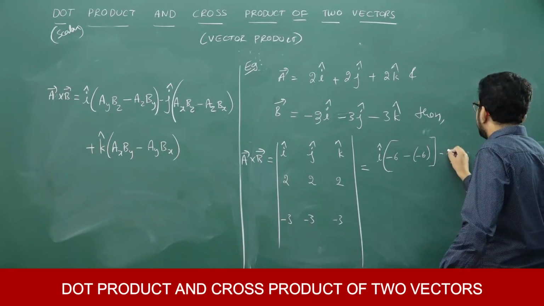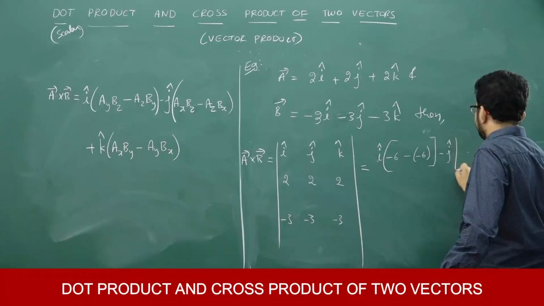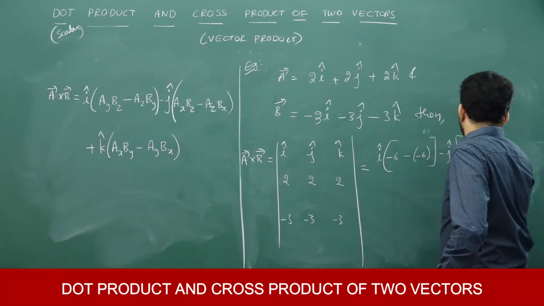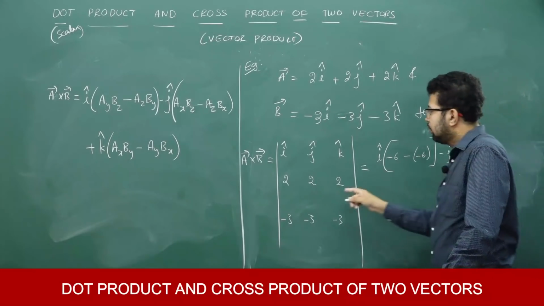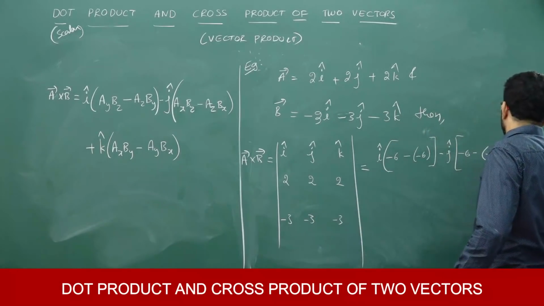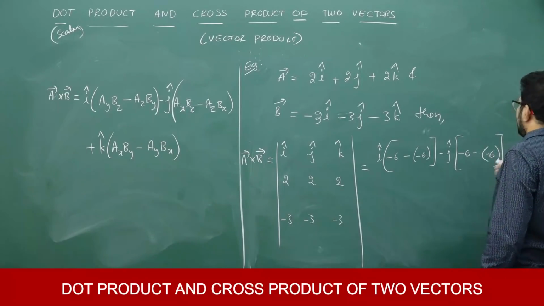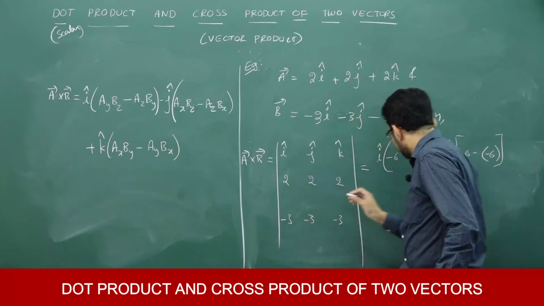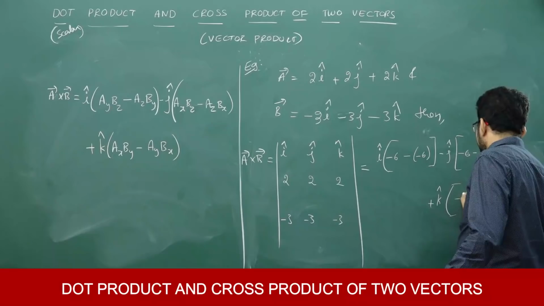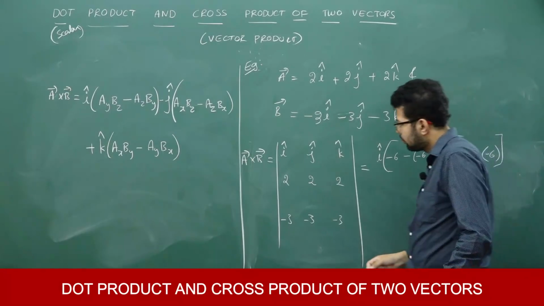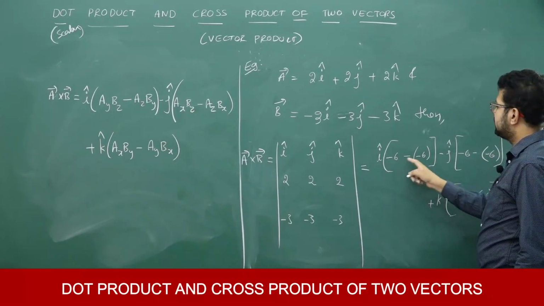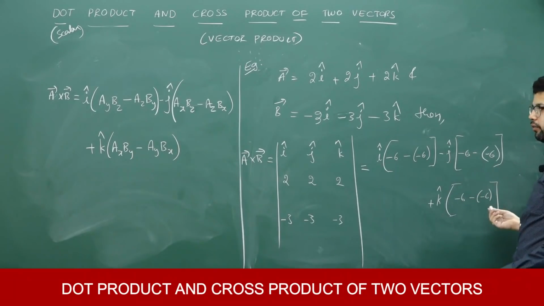Similarly, minus j cap into, leaving this row and this column, 2 into minus 3 is minus 6, minus 2 into minus 3 is minus 6, minus of minus 6 becomes 0. Plus k cap into again 2 into minus 3 is minus 6, minus 2 into minus 3 is minus 6, minus 6 plus 6. Everywhere it is 0. So it is 0, or a null vector.